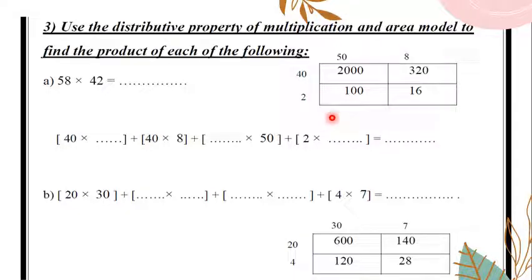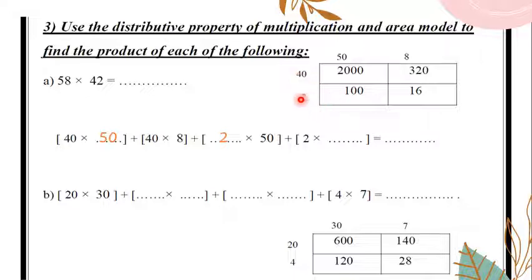So I'm going to write here 40. He wants you to distribute. He wrote 40, so I'm going to write 40 times what? Times 50. Then I will distribute 40 times 8, he already wrote it.